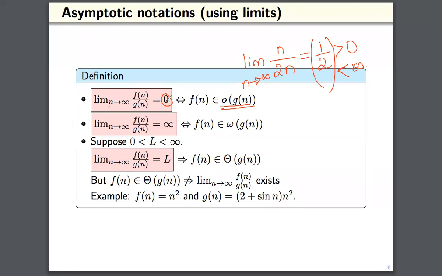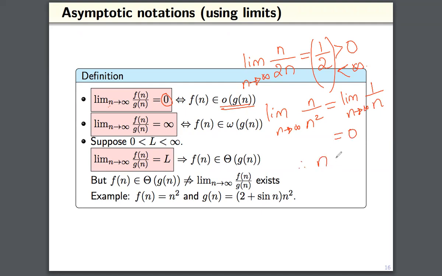I will fix the previous definition using sets, but this will be easier to see and analyze. So limit of n divided by n squared as n tends to infinity is equal to limit of 1 by n, which is equal to 0.